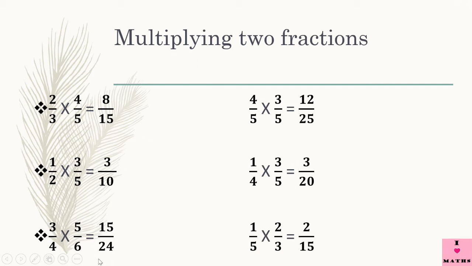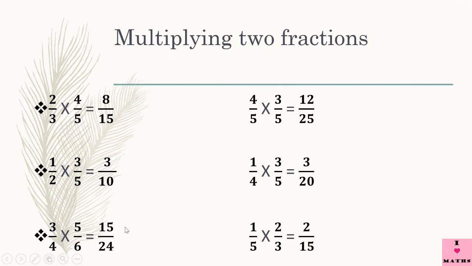However, this is the correct answer, but we can simplify this fraction further. You know that 15 and 24, both of them come in the table of 3. So we can divide 15 by 3 and we can divide 24 by 3.